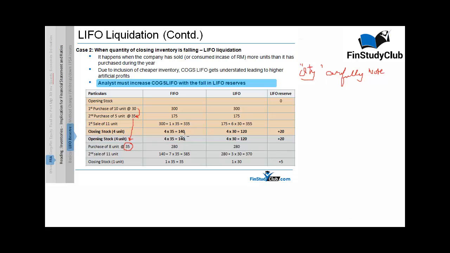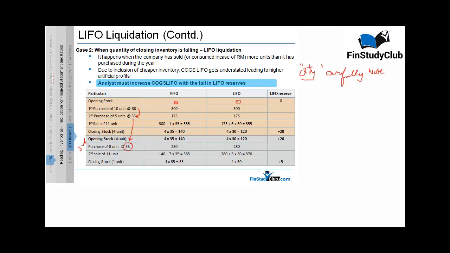Now, first of all, forget about LIFO reserve. I want you to very carefully note down the figures, which is the basic application of FIFO and LIFO. So again, for simplicity's sake, I have assumed the first year to start with 0 inventory. First purchase 10 units at 30, which is $300, 5 units at 35, which is 175, and in the next year the third purchase is of 8 units at 35, which is 280.